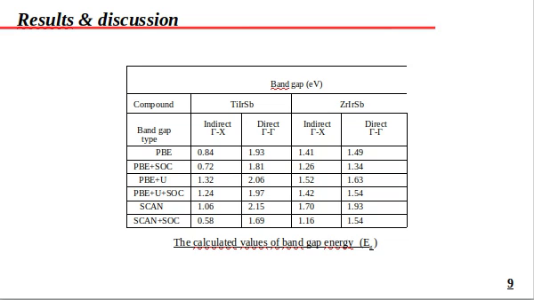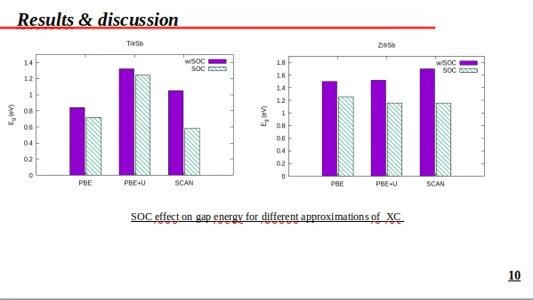So the following histogram shows the spin-orbit coupling effects on the gap energy for the different exchange correlation approximations.